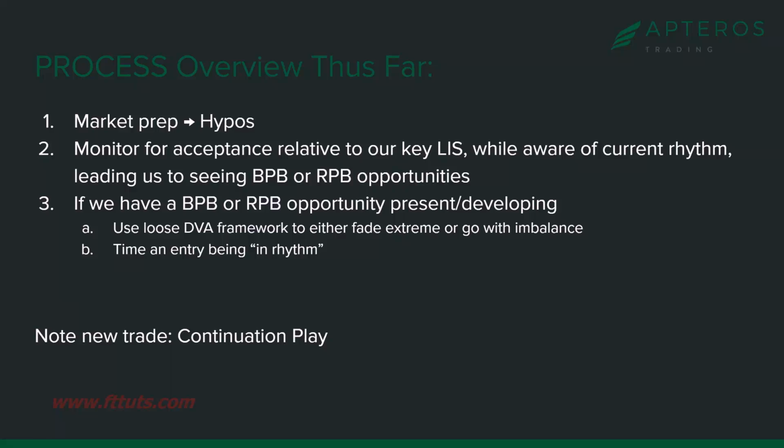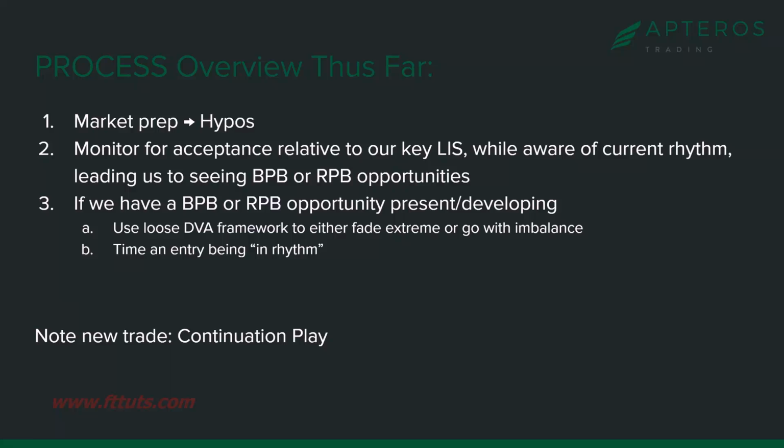If we have one of those opportunities setting up for us, we can then, and only then, use developing value on our trading time frame as a loose framework to either fade an extreme or go with an imbalance. If we're looking to get long because of the breakout pullback or whatever, we can fade a lower extreme or go with an imbalance up.